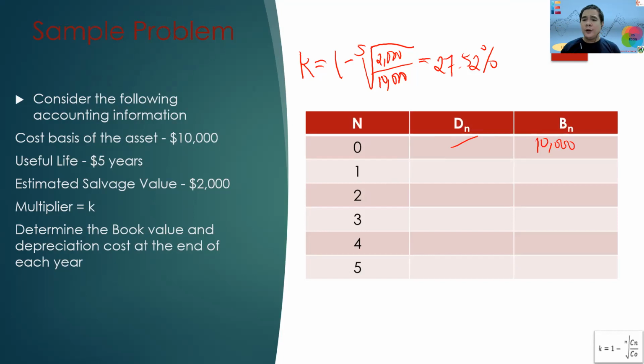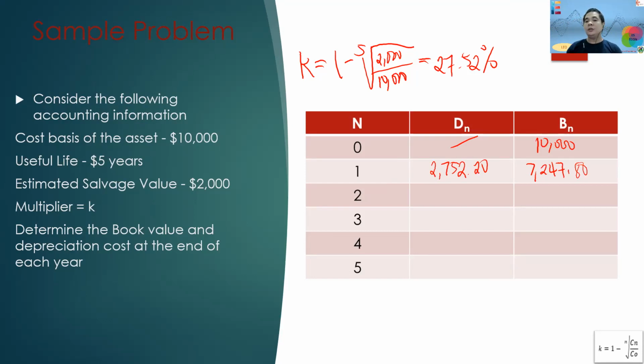So, therefore, this is 10,000. On your year 0, you have a 10,000 book value multiplied by the 27.52%. That is equivalent to 2,752.20. Okay. So the book value is 7,247.80.